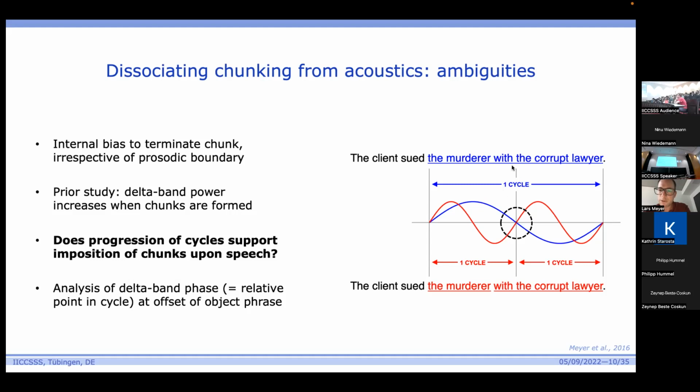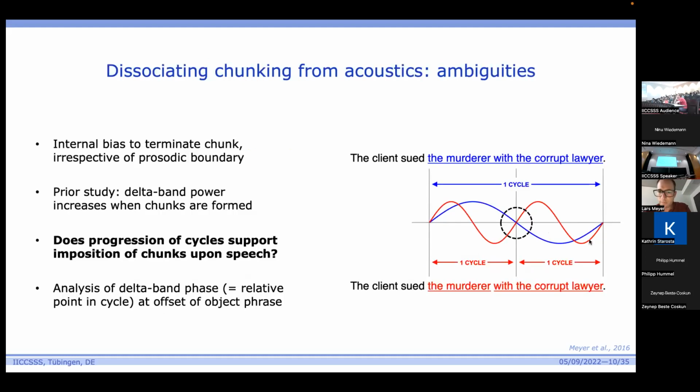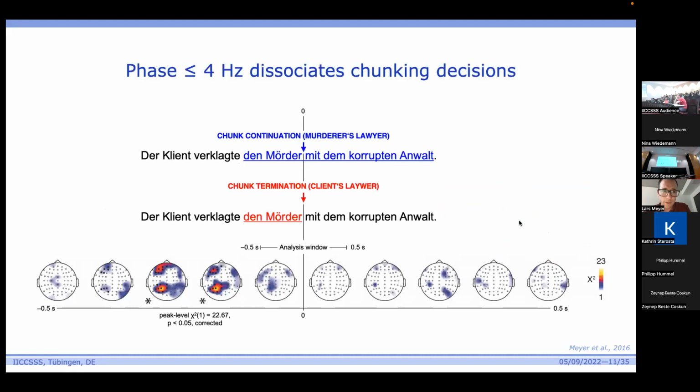And if people are continuing the chunk, the cycle should not have reached its end yet. Very simple model. We tested this with EEG with, I don't know, 50 subjects, and we indeed observed this difference in the phase angle of the two oscillations between the two responses, irrespective of acoustics. So yes, there's a relationship between those cycles, and chunks.